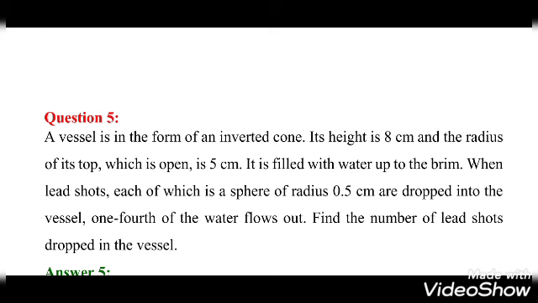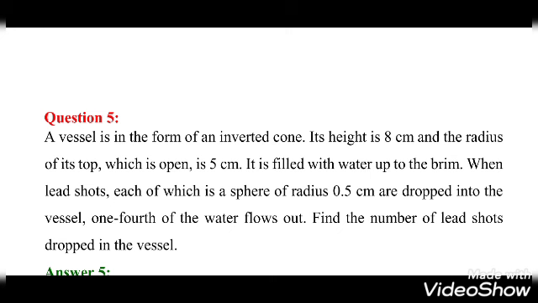Now we have to see question number 5. A vessel is in the form of an inverted cone. Its height is 8 centimeter, and the radius of its top, which is open, is 5 centimeter. It is filled with water up to the brim.